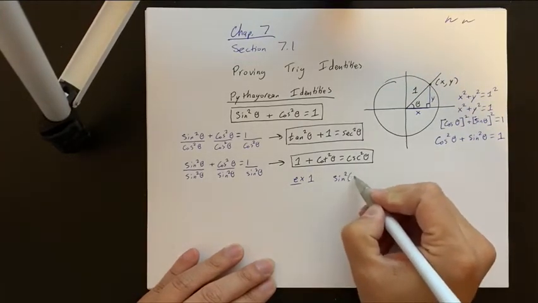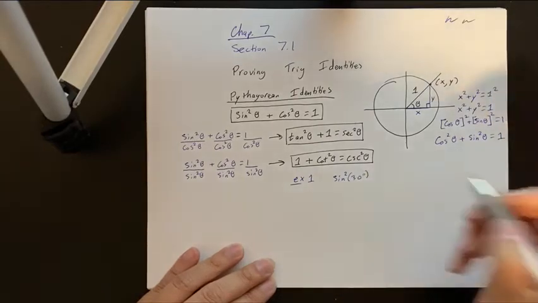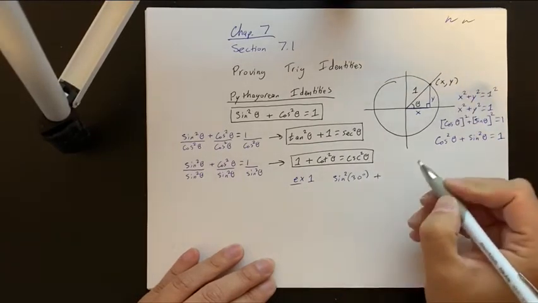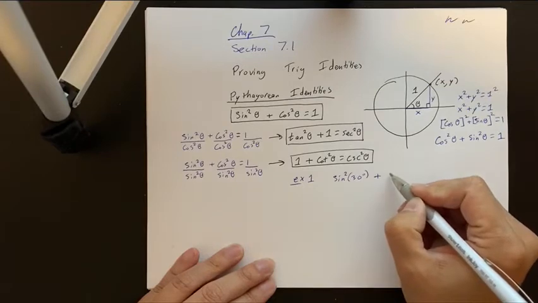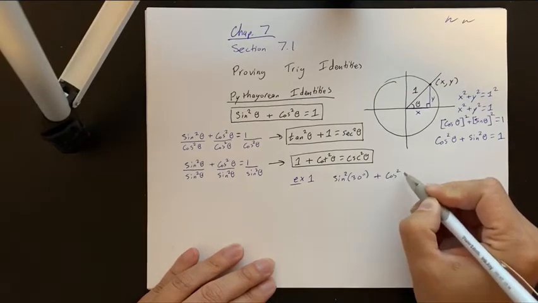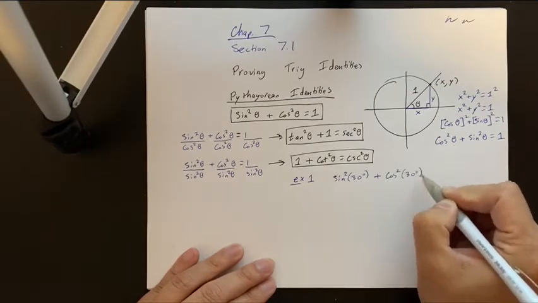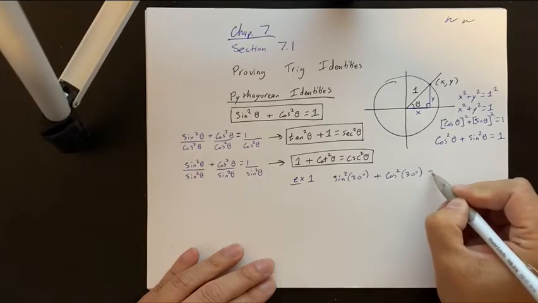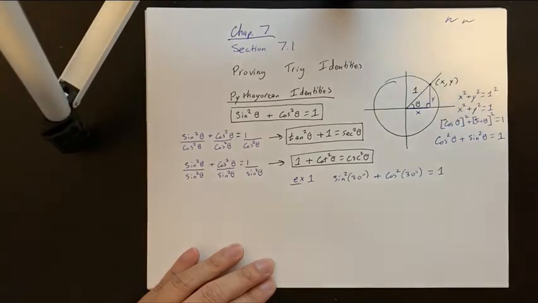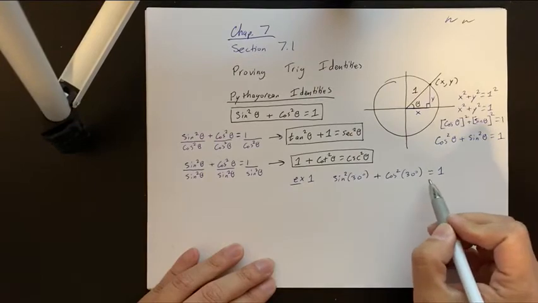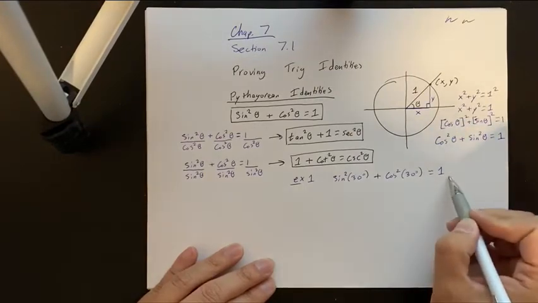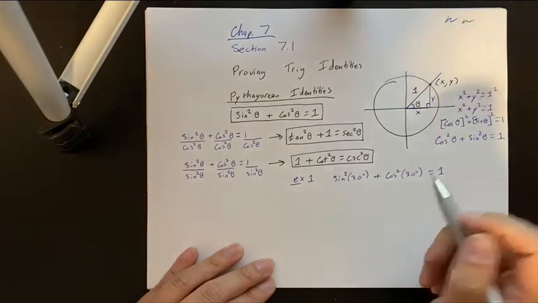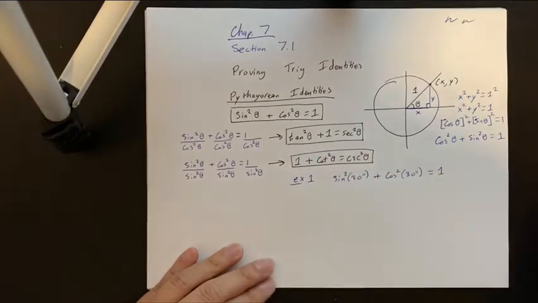Nothing special about 30. Why did I decide on 30? Well, it's a nice angle, and it's one of those angles where I don't have to use a calculator to evaluate sine or cosine. I'll show you that the left side is indeed equal to 1, and that would prove that this identity does work.